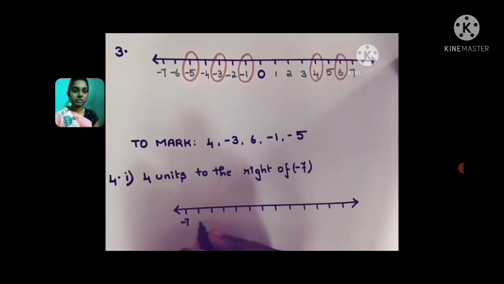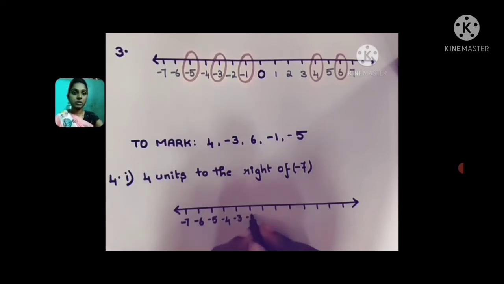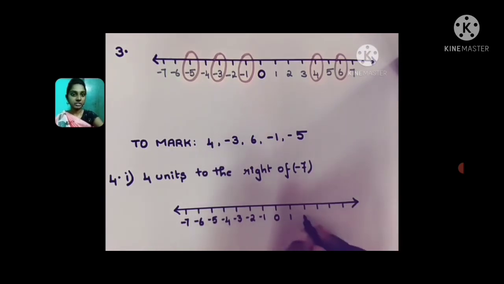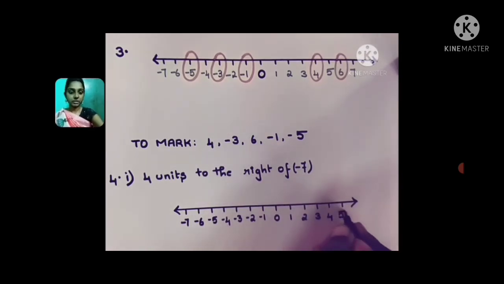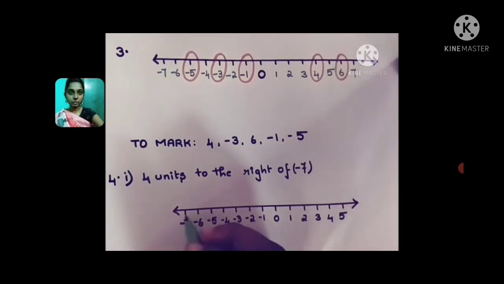First, let us draw a number line neatly and draw points at equal distances. Mark -7 at the left end and start marking all the other integers that will occur on the number line. Now, mark -7.